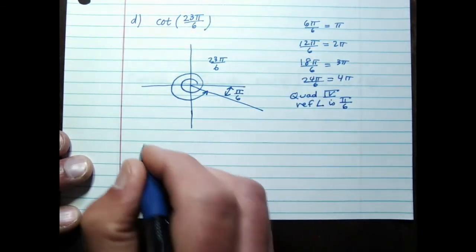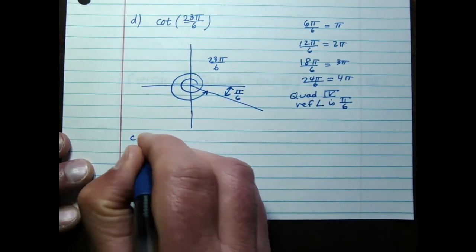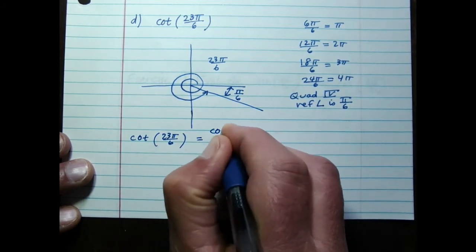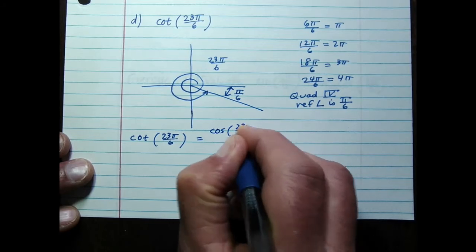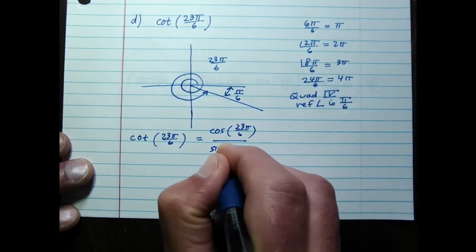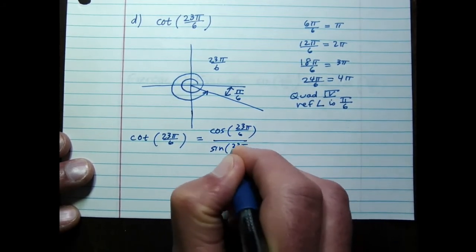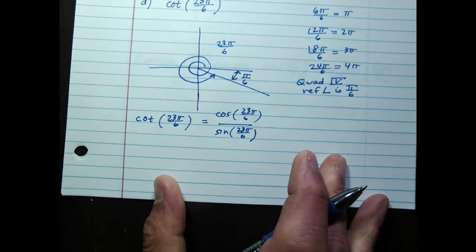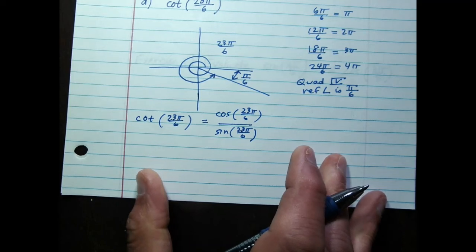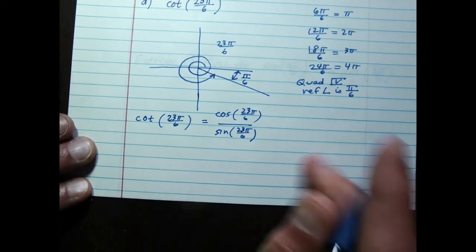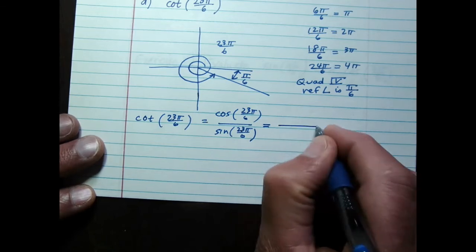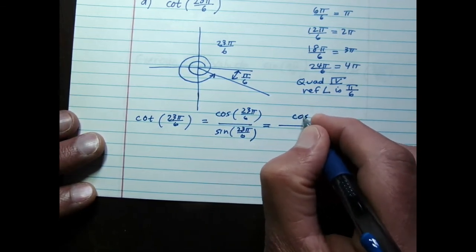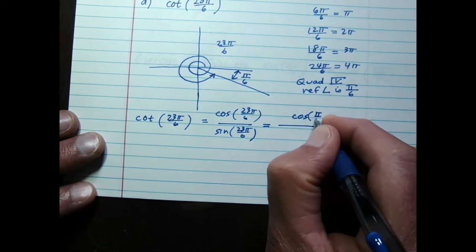Now we want cotangent, but cotangent of 23 pi over 6 is cosine of 23 pi over 6 over sine of 23 pi over 6. So I'm going to figure out the cosine and sine separately. Maybe I can just do those right together here. Cosine of 23 pi over 6 is related to the cosine of the reference angle, pi over 6.